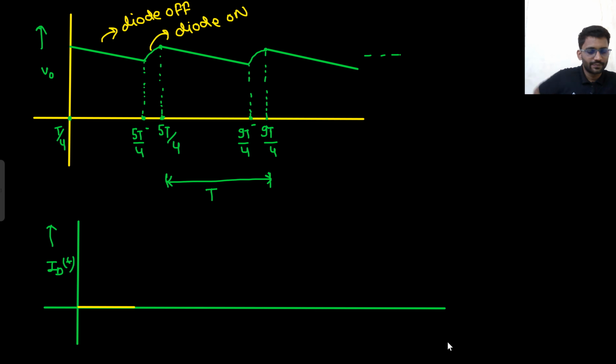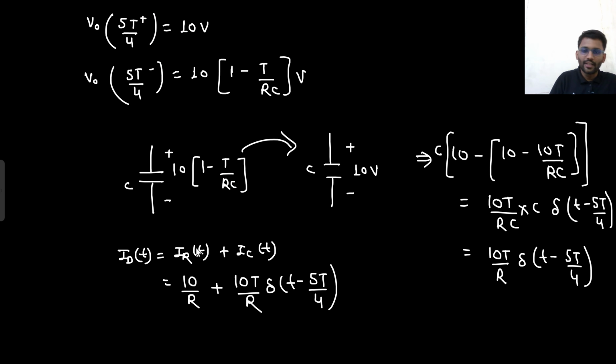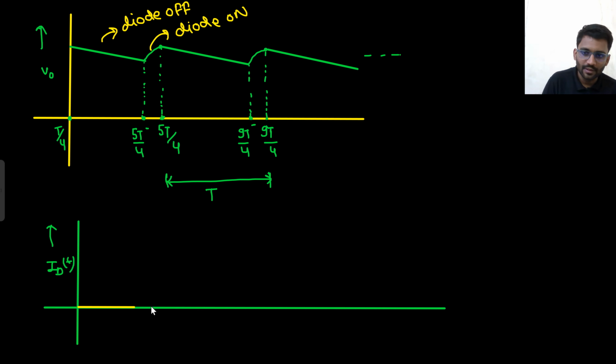Now the interesting thing will come. If the diode is on, there will be resistor current as well, and there will be this impulsive current as well, right? For this much of time, there will be resistor current as well as the impulse. Time is very less, 5T by 4 minus to 5T by 4 plus.